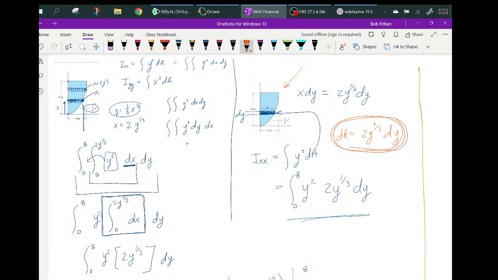And then he just puts this in. What calculus told you to do was a double integral. Calculus told you to do this. Are they the same thing? Actually, they are.